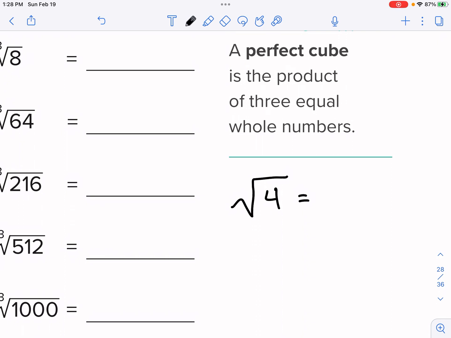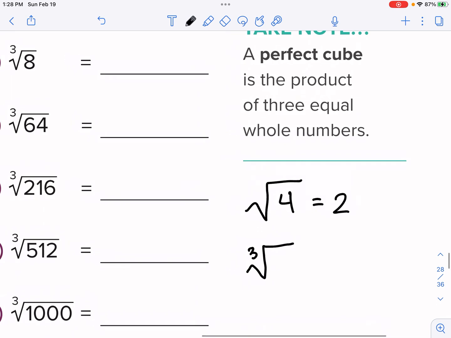This is a radical, but we call this a square root sometimes. The index isn't shown here, but in a square root, there's an invisible 2 there. Typically, we don't write that. It's just implied that there is a 2 because we're looking for 2 factors that equal 4, and that's coincidentally also 2 because 2 times 2 is 4. But when we have a cube root, we would say that the index of this is 3.